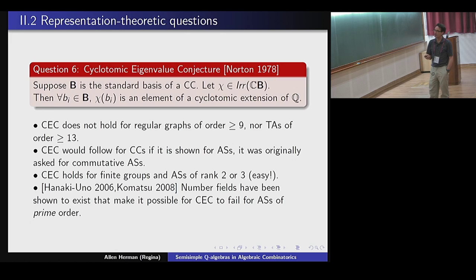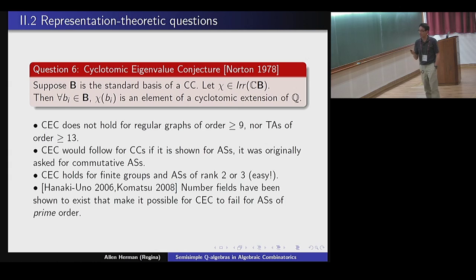On the negative direction, even if you look at association schemes of prime order, there's a prime, the smallest one has 4 digits, about 6,400 something, where number fields have been shown to exist that could be the fields of character values for association schemes of prime order that are not cyclotomic.